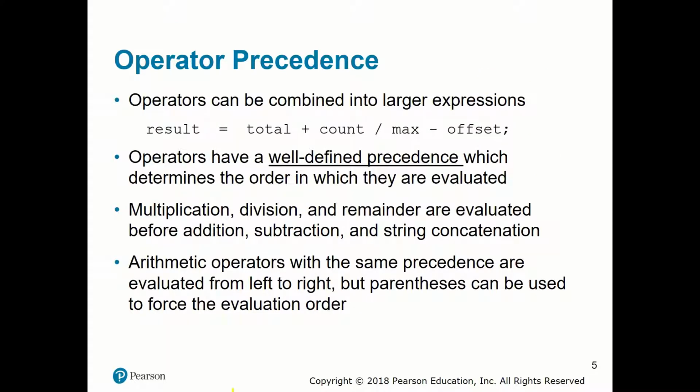Now let's talk about operator precedence. Operators can be combined into larger expressions like this. Yes, this is a little bit complicated expression. Operators have a well-defined precedence, which determines the order in which they are evaluated.